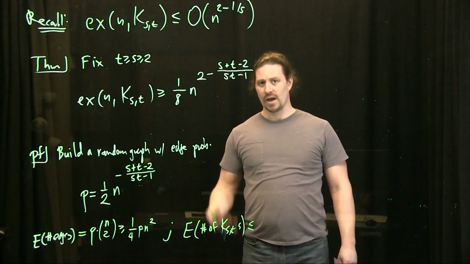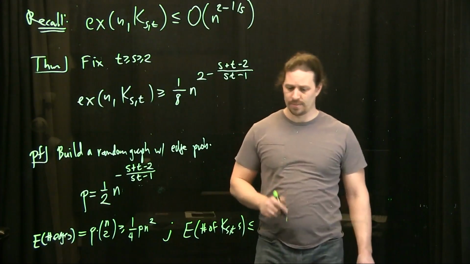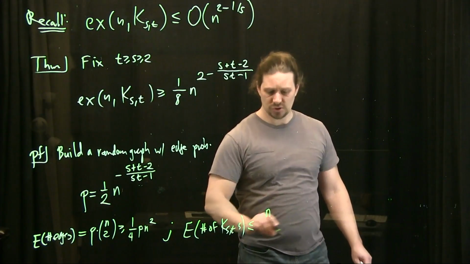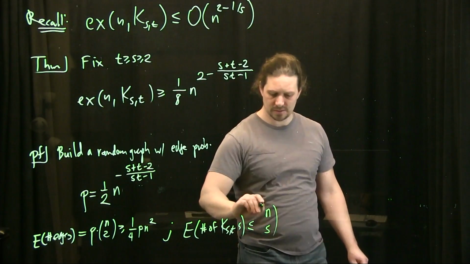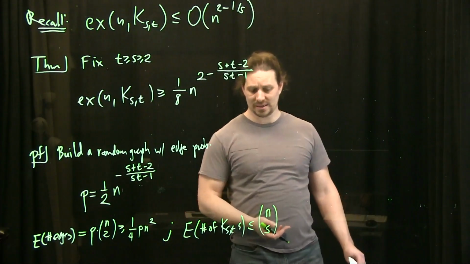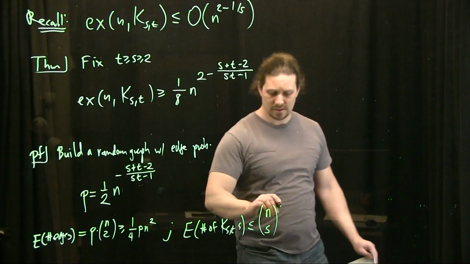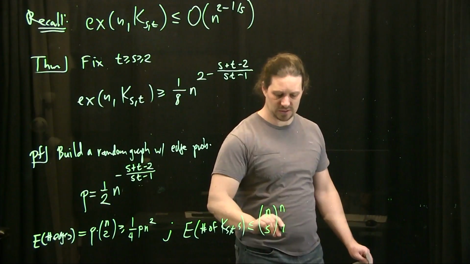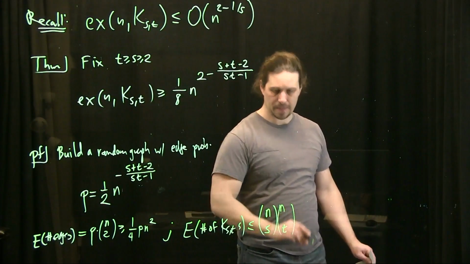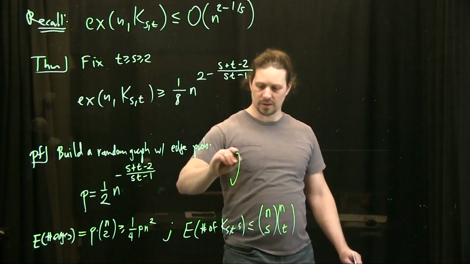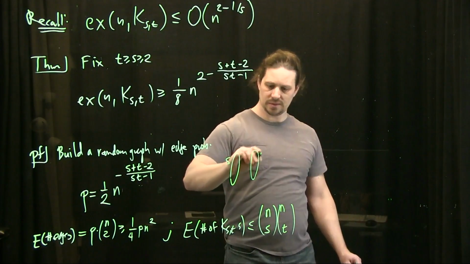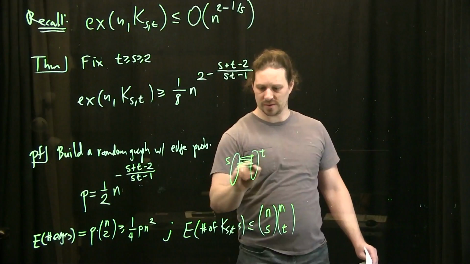So how do you build a K_{s,t} in your graph? Well, of the n vertices, choose s of them to be one of the classes. Then of the remaining n minus s vertices, choose t. It's an upper bound, so I'm just going to write n choose t. And then what does a K_{s,t} look like, right? You have s vertices here, t vertices here, and every edge is present.